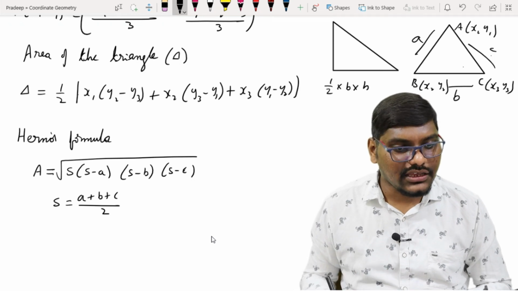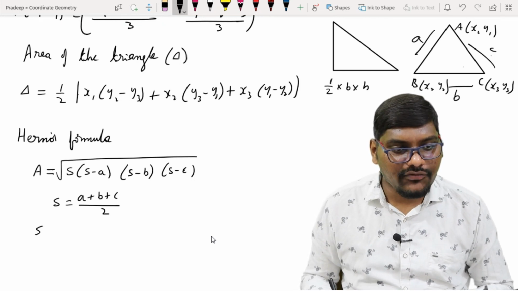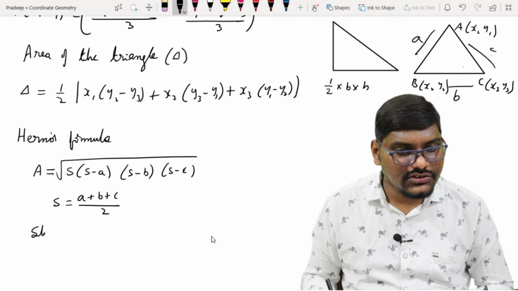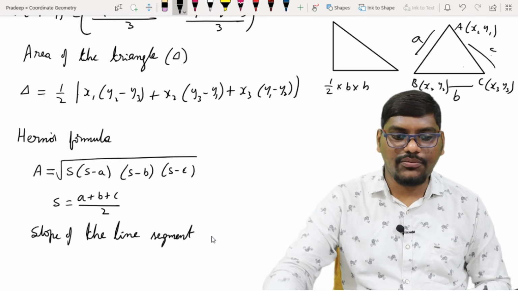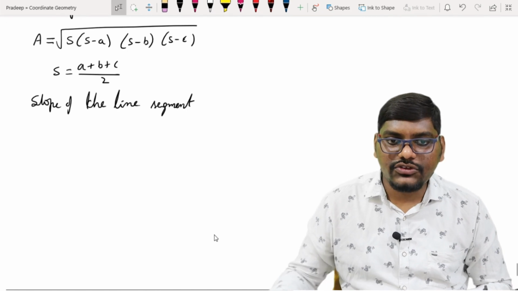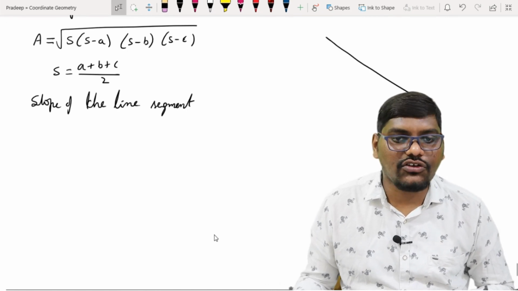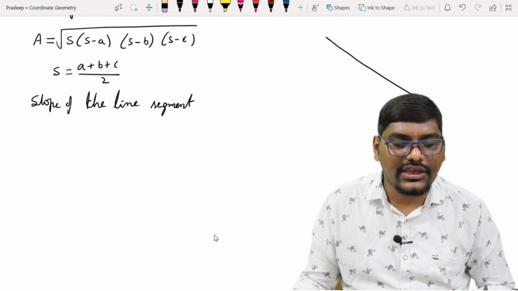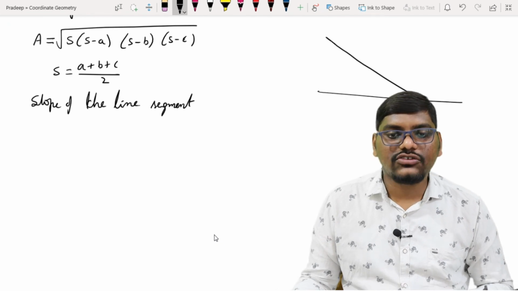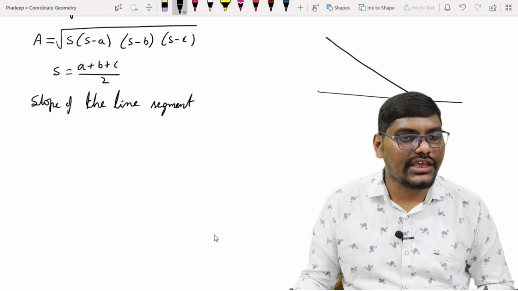So the last thing is the slope of the line segment. To find the slope of the line segment, suppose this is a line which has a certain slope, it is bent, right? The slope is the one that we are finding out.